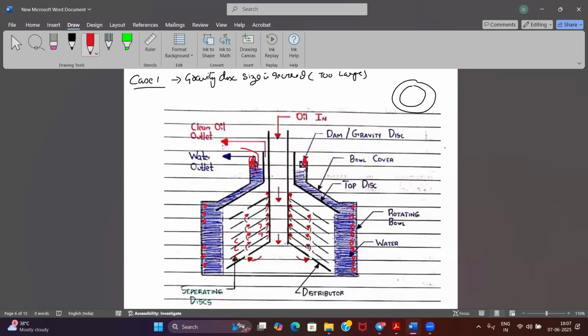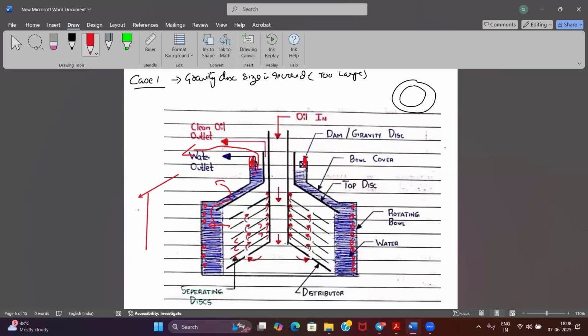Now my water can easily go out. If water is going out, okay, the water is going out, will this interface be pushed towards outward? Yes, it will be a tail. This is my top disk. This is where the interface was forming.